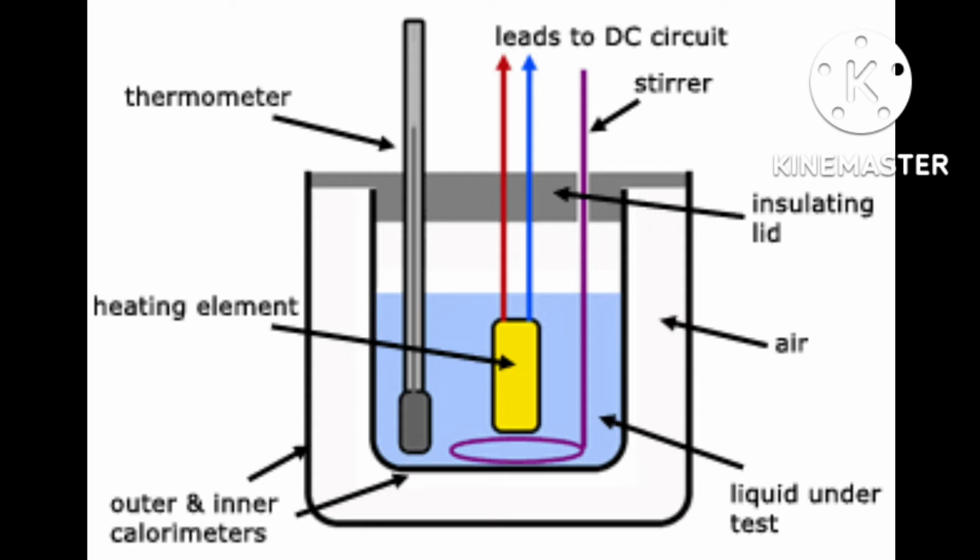Heat evolved during the reaction is transferred to the water around the bomb and its temperature is monitored. Since the bomb calorimeter is completely sealed, the heat can't go outside. It will go directly through the steel to the water.